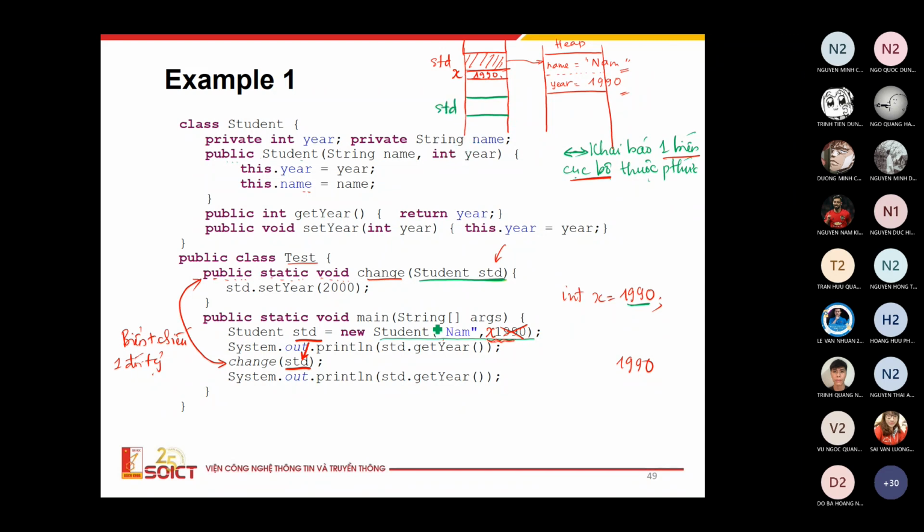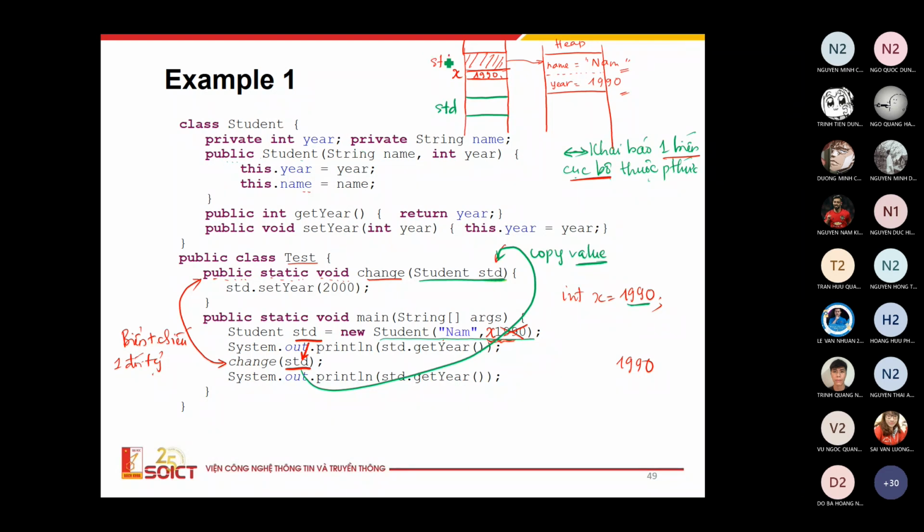Và lời gọi này sẽ copy value. Với Java lúc nào cũng là copy value hết, từ std của chương trình chính vào std cục bộ của phương thức.